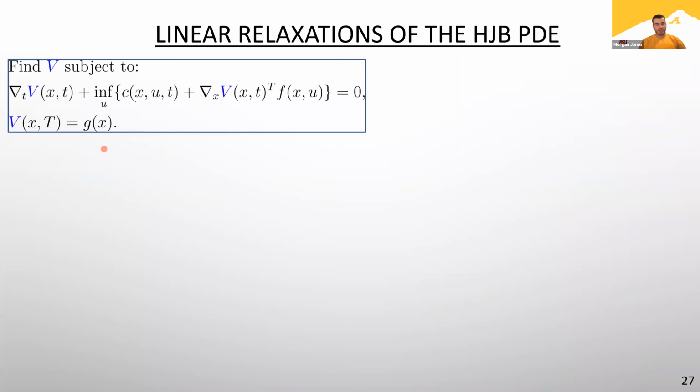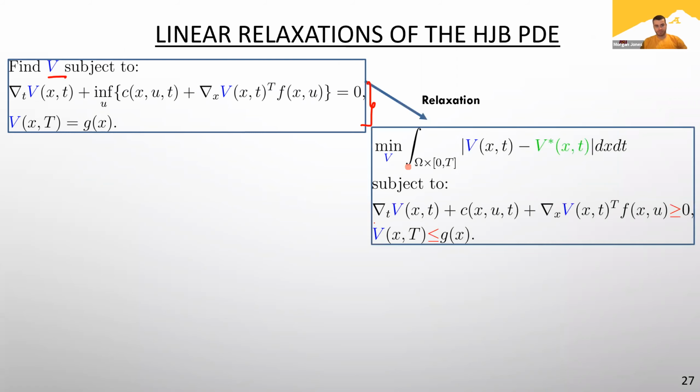So let's return to the problem of trying to find the value function. We want to find V that satisfies the HJB PDE. The problem is this is a hard PDE to solve, so we relax the problem. To relax the problem, instead of solving for equality signs, we solve for inequality signs.